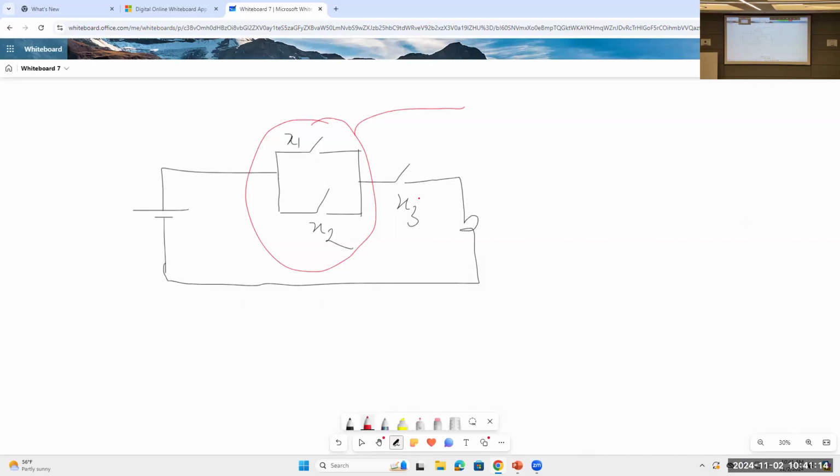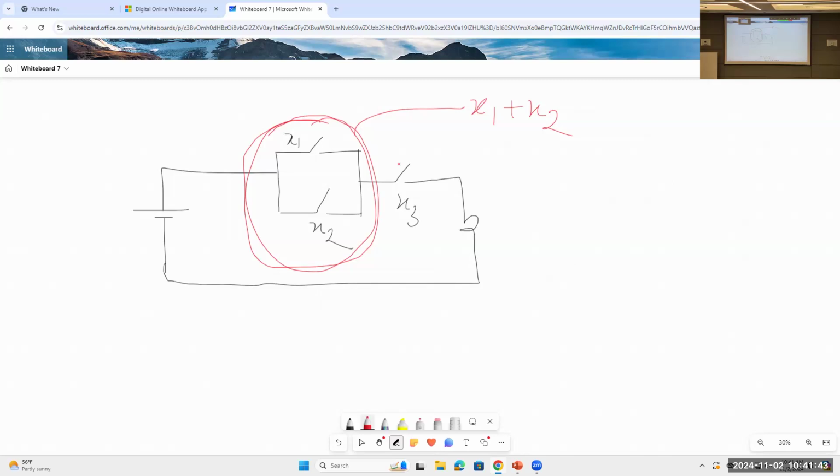Let's do it part by part. I will deal with x3 later. Here x1, x2: this portion of the circuit can be represented as parallel, so we will write this as plus. Remember, parallel means plus and series means multiplication. Now this portion is x1 plus x2, and let's assume that this circle is a single switch.